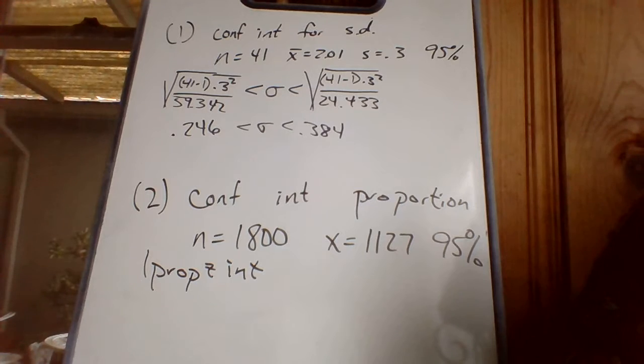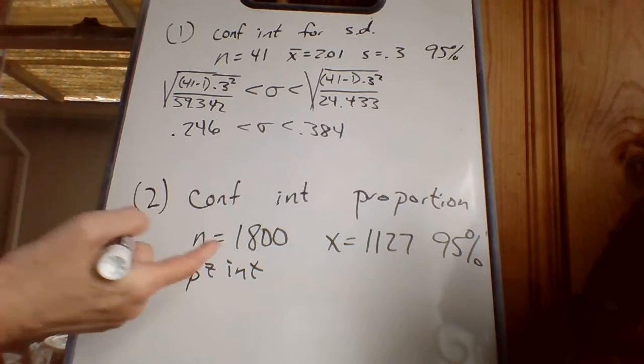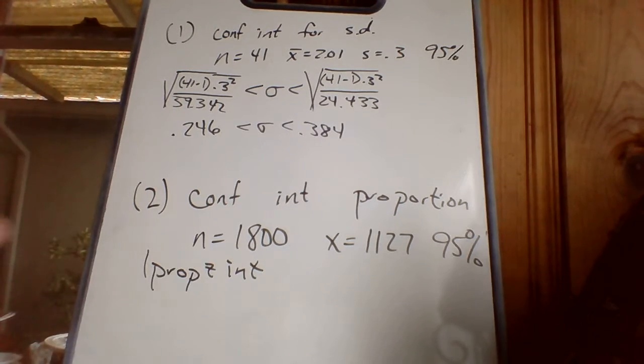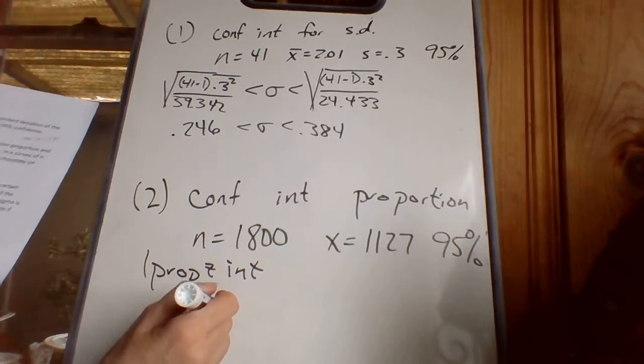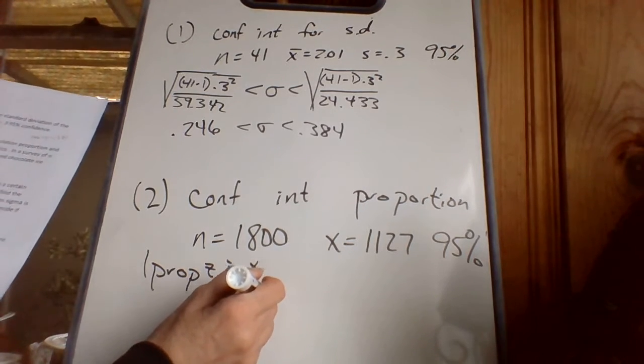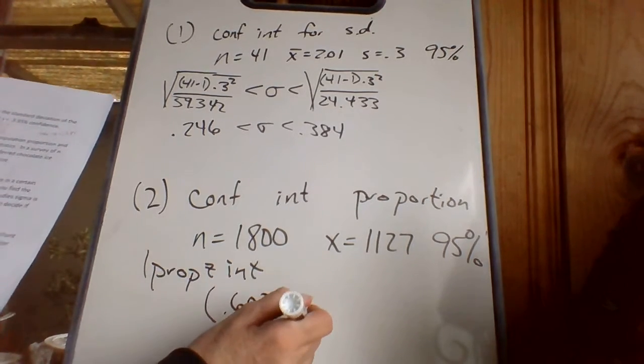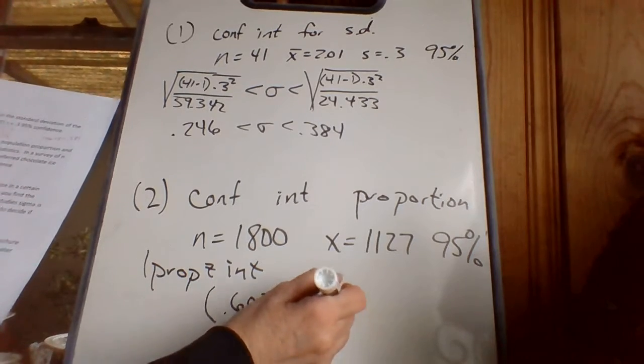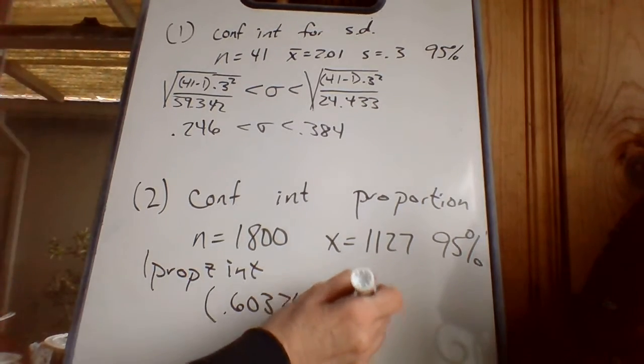All right, now fill it all in. n equals 1800, x equals 1127, C level is 95%, so 0.95. The interval is 0.60376, comma, 0.64846.